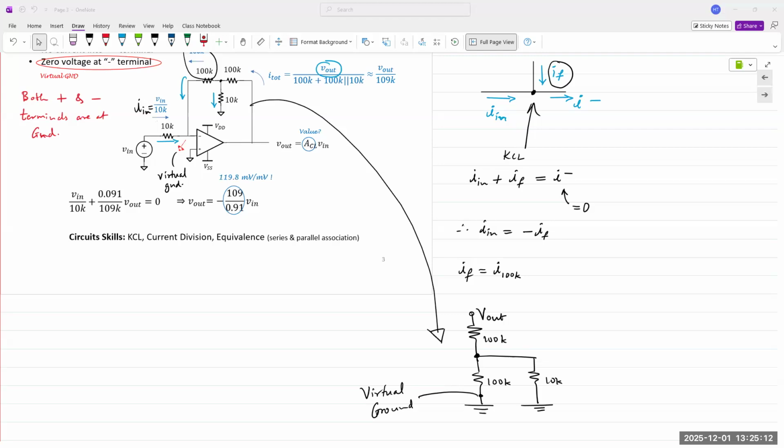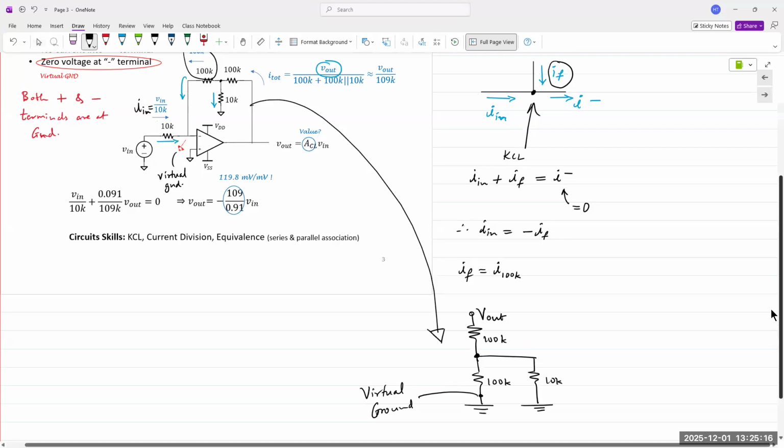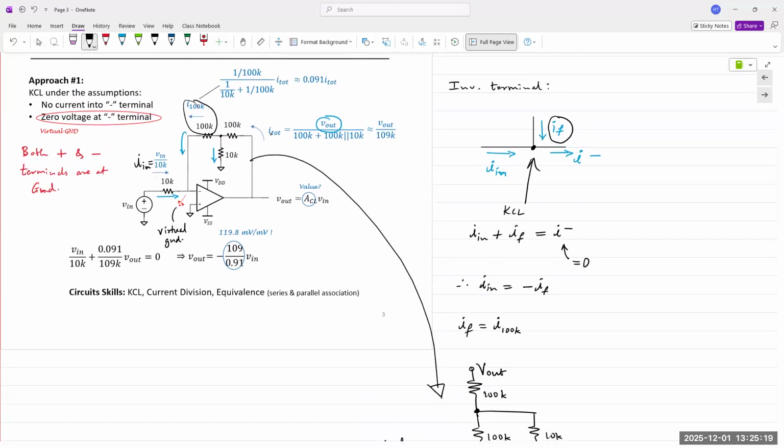The resistor configuration, right? And of course, once we have the expression for I total, we can then calculate the current for the 100K resistor. For that, we can apply KCL and current division.